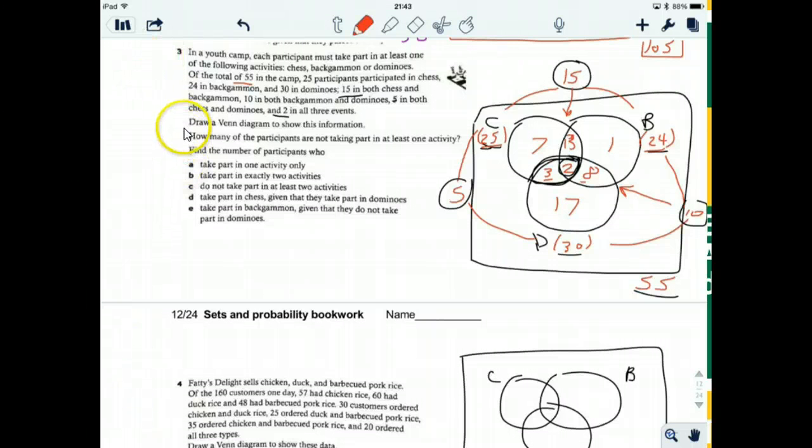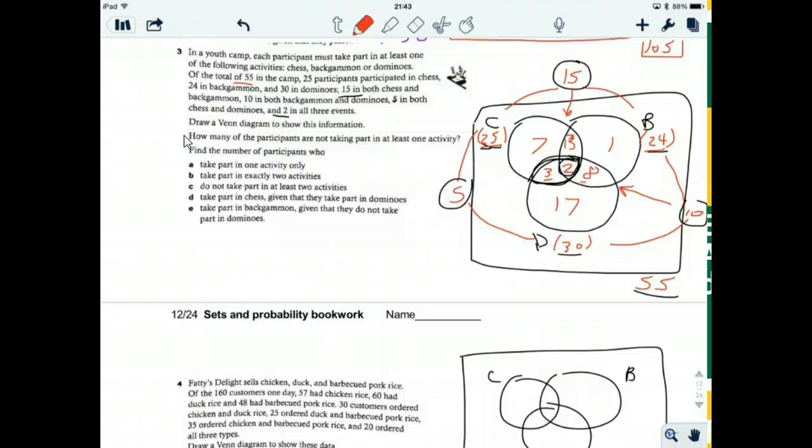Okay, now we can start answering the question. Draw a Venn diagram to show this information. Yeah, we did. How many of the participants are not taking part in at least one activity? So we would add up all these numbers and see how many are left over.